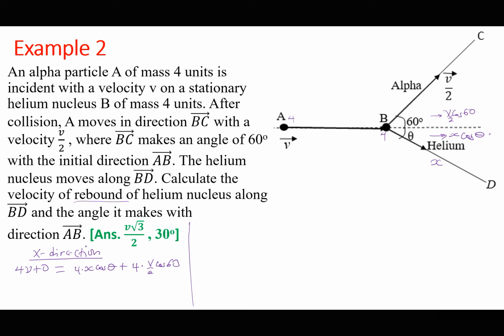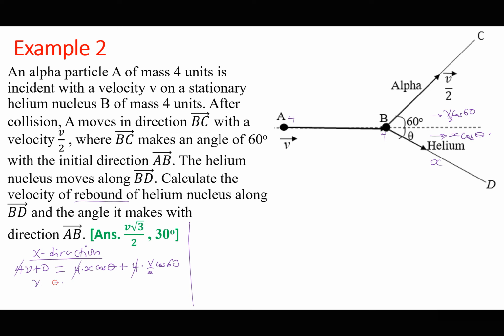Okay, so we can try to simplify this where possible. I think cos of 60 is a half. The 4 cancels out because it's a common factor.